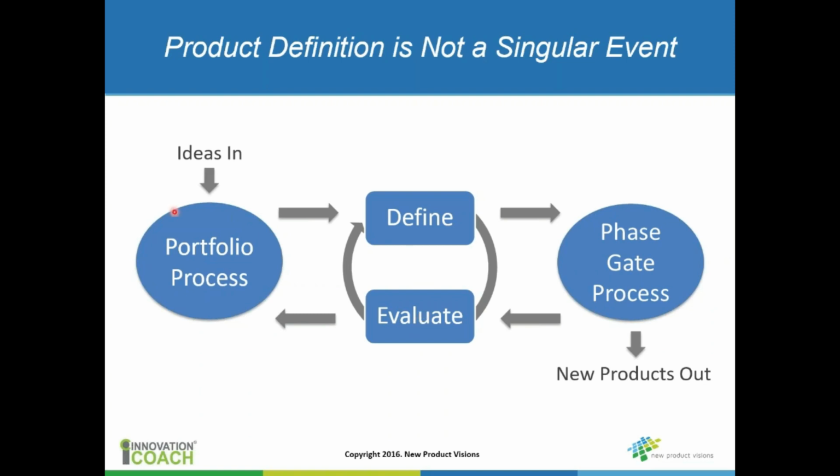And it really sits between the portfolio process and your phase gate process. There's a lot of interplay, because this is part of the fuzzy front end, so you might learn something as you start to define this product in phase 1. It kicks it back into the portfolio process, and maybe the project gets put on hold. So again, it's not a singular event, but a process.